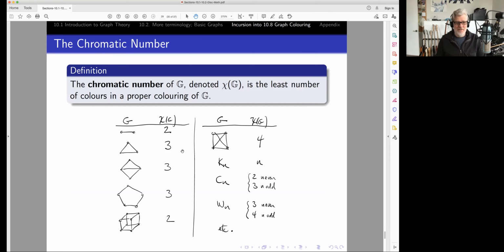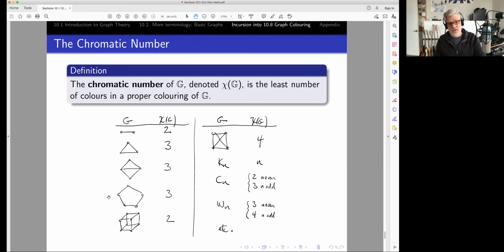Okay. K3, the triangle, you clearly need 3 colors to color it, right? You need a different color for each vertex. What about this guy? Well, you can see that you can repeat that color over here, right? So if this is blue, red, green, you can reuse blue here and you'll be fine. So 3 colors will be enough. The 5 cycle, you can try these by yourselves, right?